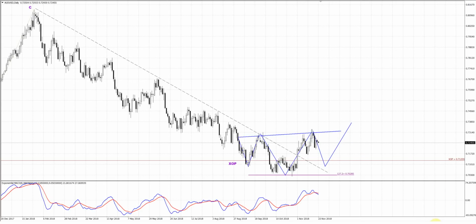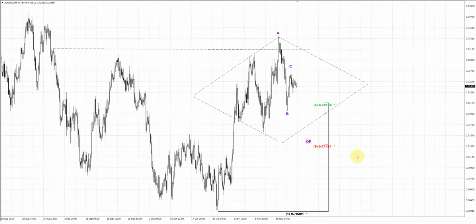On the 4-hour time frame chart, let's take a look at how the situation is developing. Take a look at the bottom of the head, and actually this is a double bottom pattern. If you measure the target of this double bottom, the distance between the bottoms and the neckline, and count it to the upside, you will see that particularly at this point the target of the double bottom has been hit.